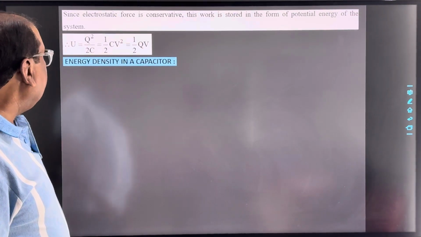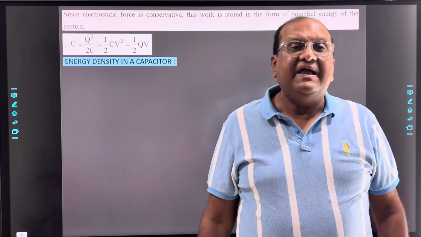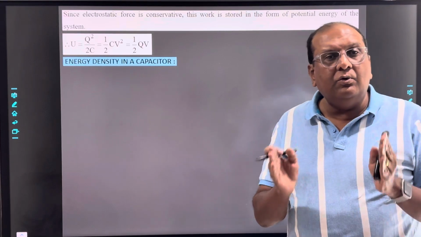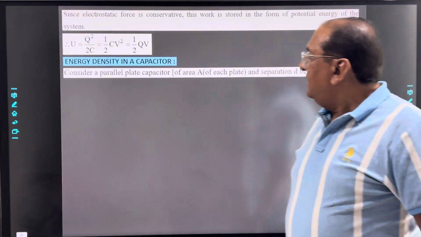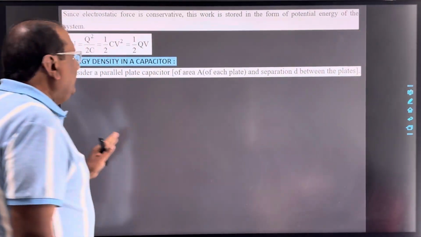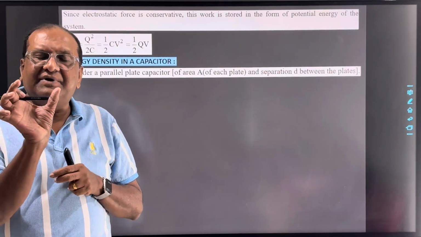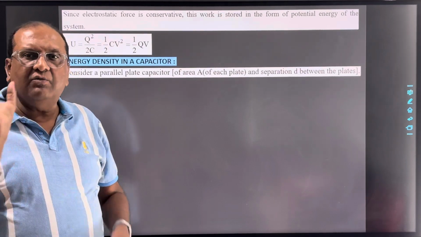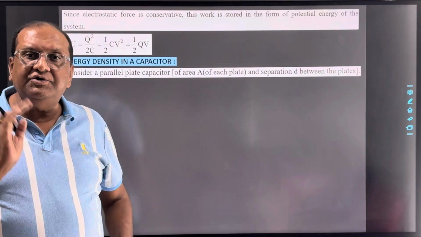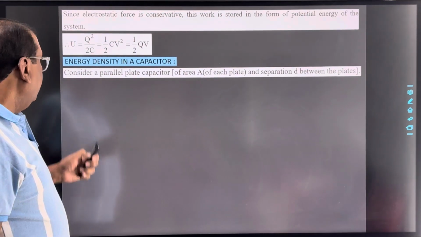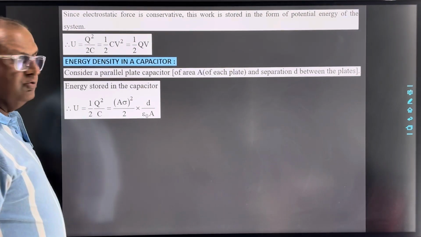Now let's calculate the energy density in a capacitor. Energy density means energy stored per unit volume of the capacitor. Suppose we have a parallel plate capacitor with plate area A and separation between the plates D. So the volume of the capacitor is A times D. We have the energy U equals Q^2/2C.